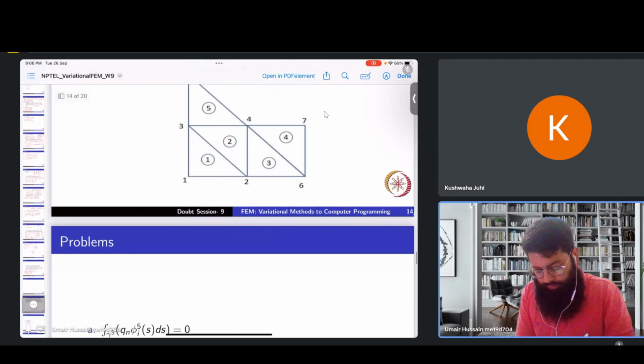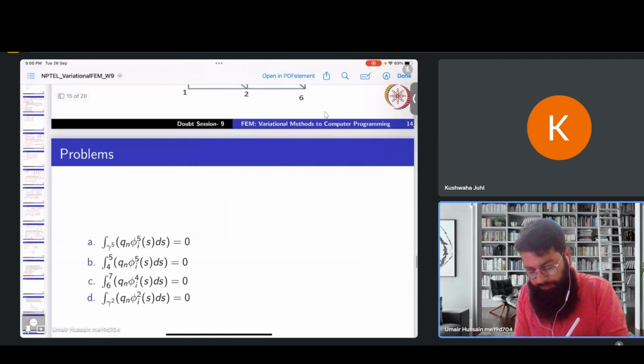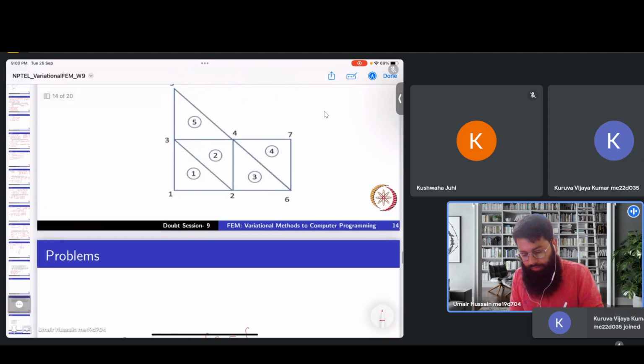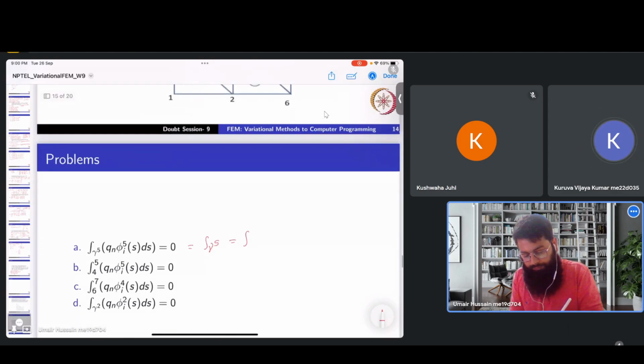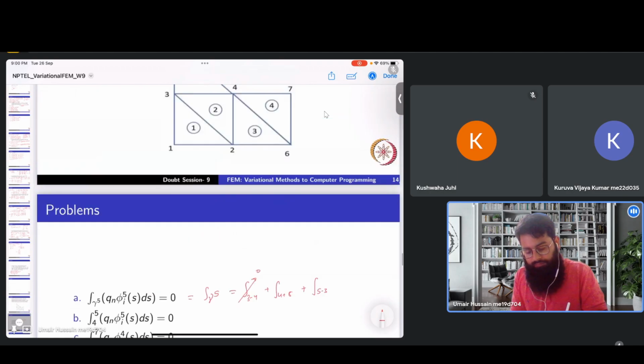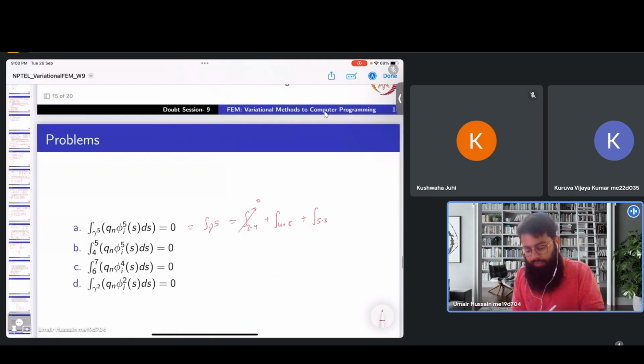If we take this integral over gamma 5, it can be broken down into the integral over edges 3-4, 4-5, and 5-3. 3-4 is an internal edge, so it's 0, but 4-5 and 5-3 are outside edges.